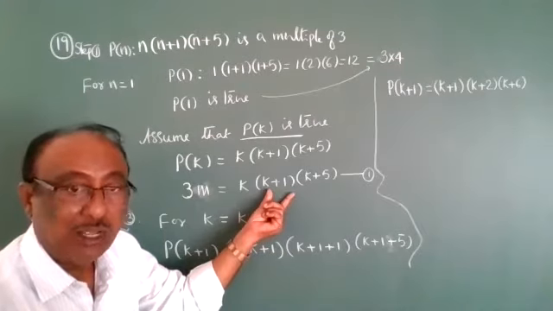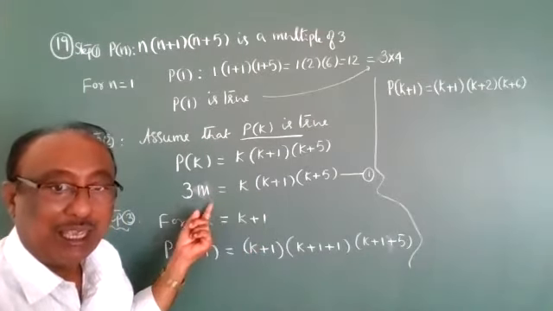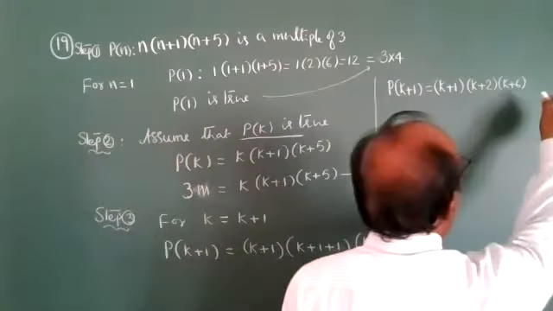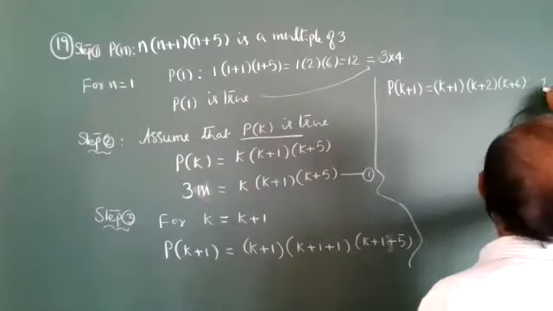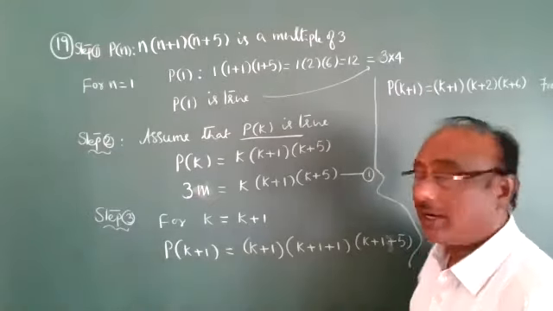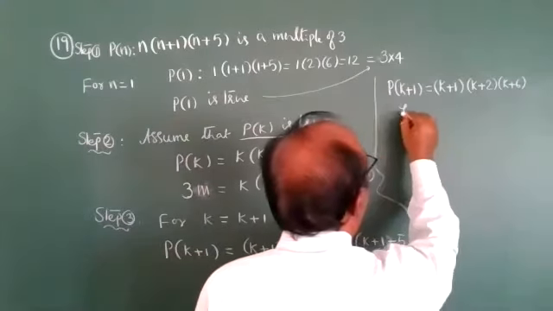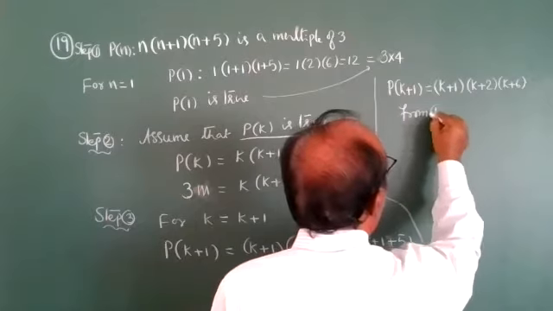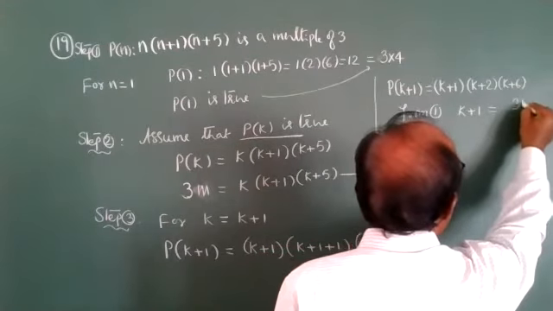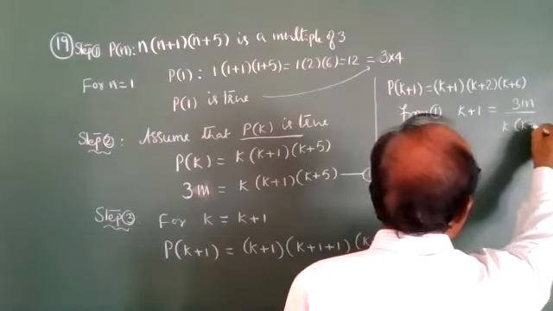From this one, what is the k plus 1 value? It is 3m by k into k plus 5. From equation 1, write down everyone, the k plus 1 value is 3m by k into k plus 5.